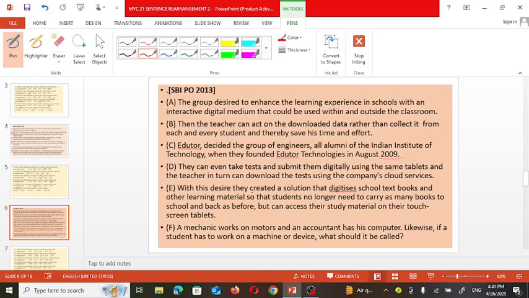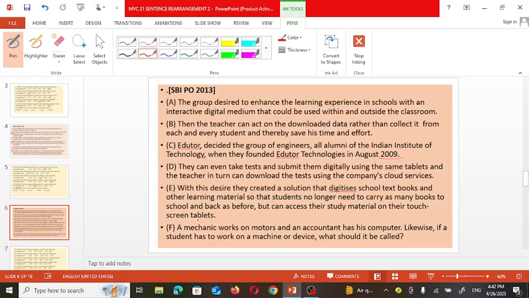Next, with the desire, they created a solution that digitalizes school textbooks and other learning material so that the students no longer need to carry as many books to school and back as before, but can access their study material on their touchscreen tablet.